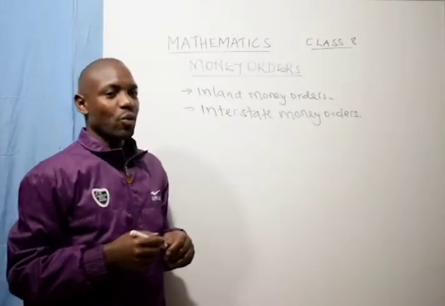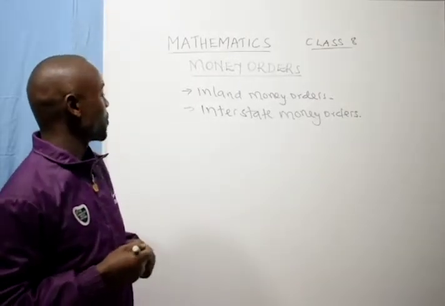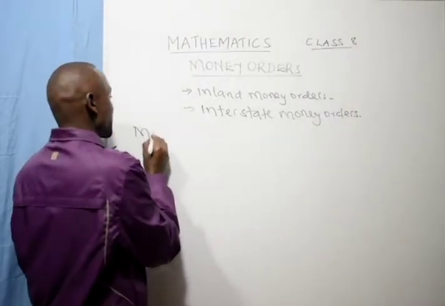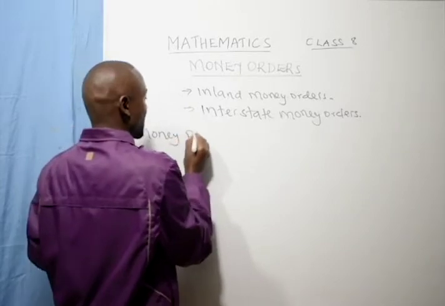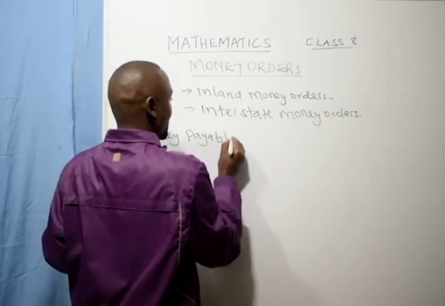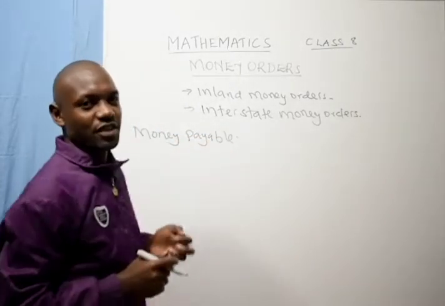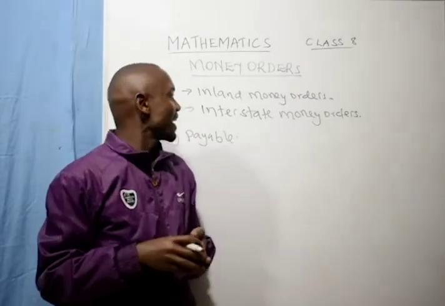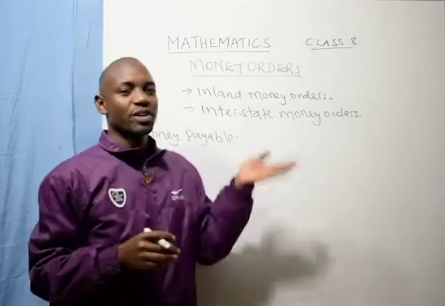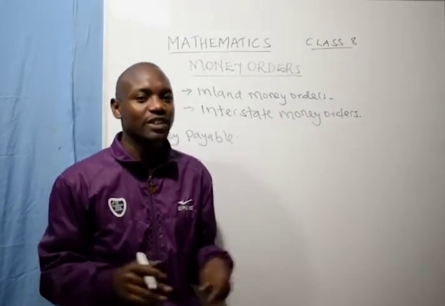So, when sending money orders, we have something called the money payable, the money payable at the post office. For example, you want to send a money order for 20,000 or 10,000 shillings or 5,000 shillings.